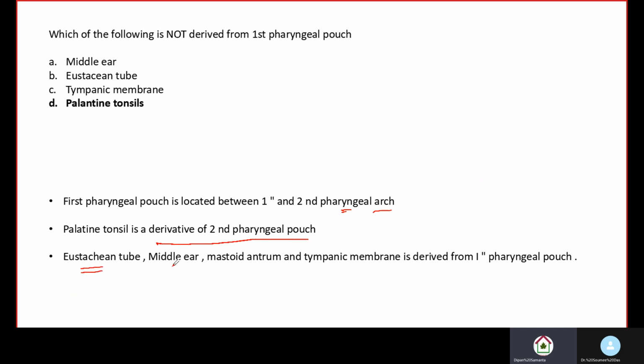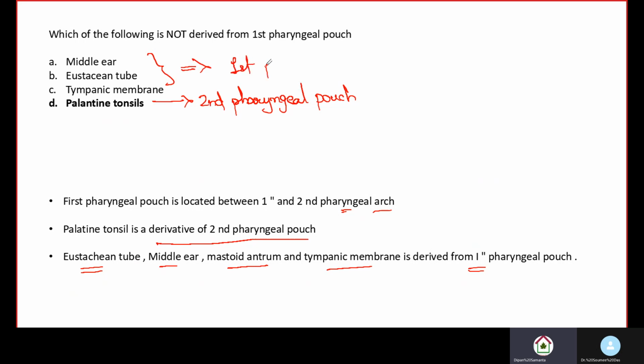Eustachian tube, middle ear, mastoid antrum, and tympanic membrane are derived from the first pharyngeal pouch.